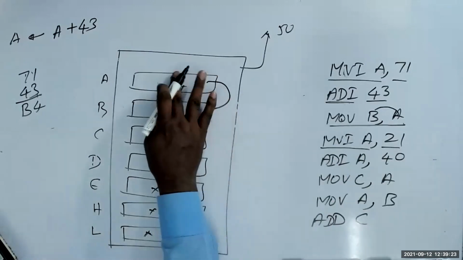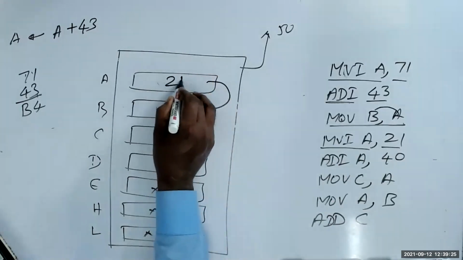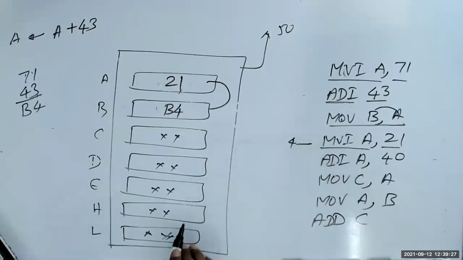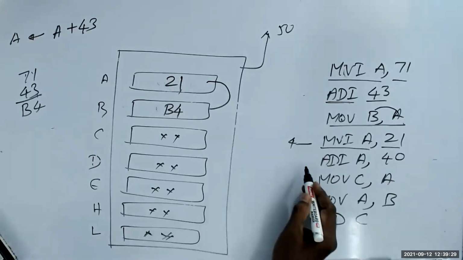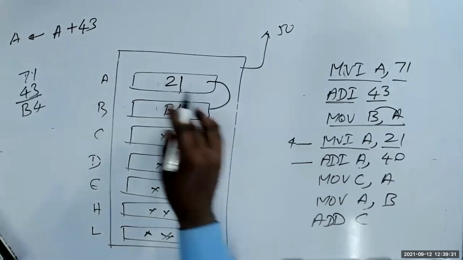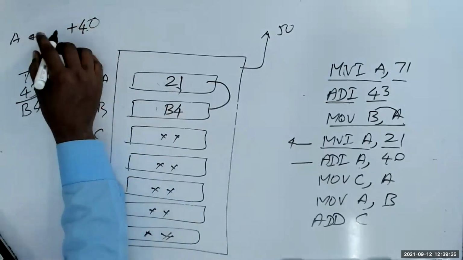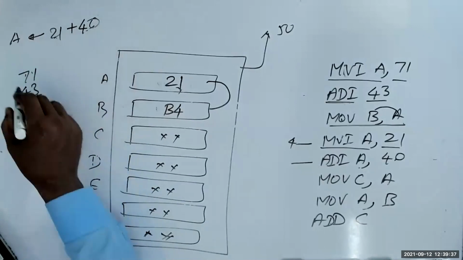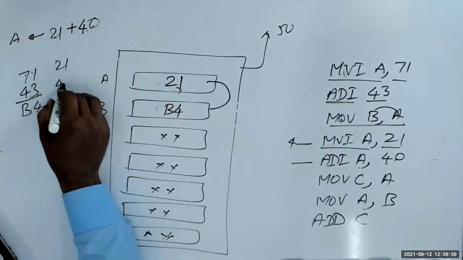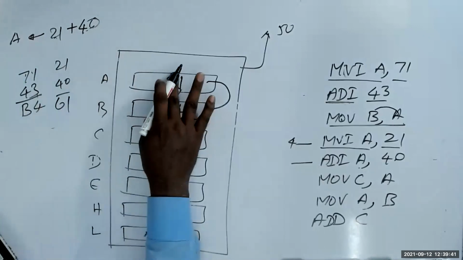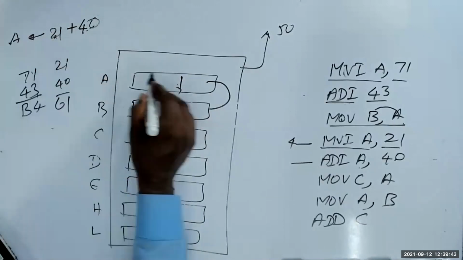The previous value is gone after the 4th instruction. Then add immediate A, comma 40. So A is how much? 21. 40 plus 21 is 61. Now that becomes A. A becomes 61 now.